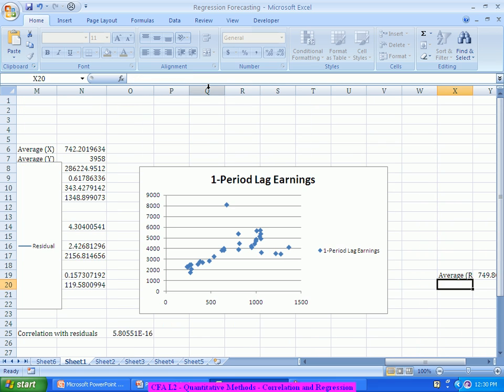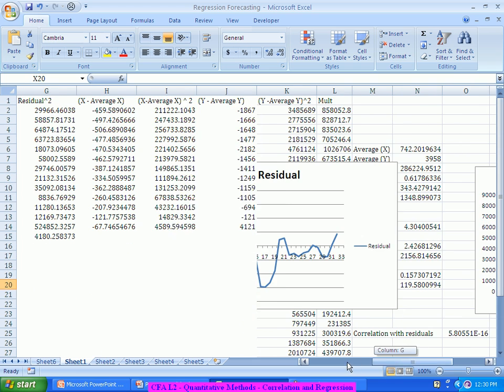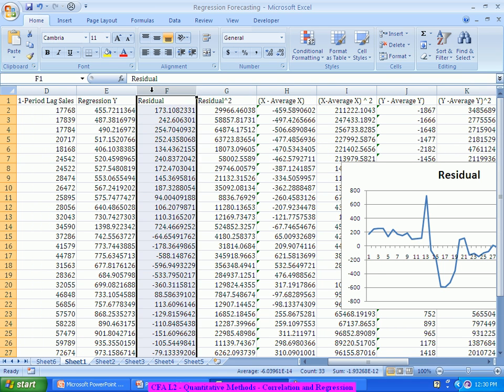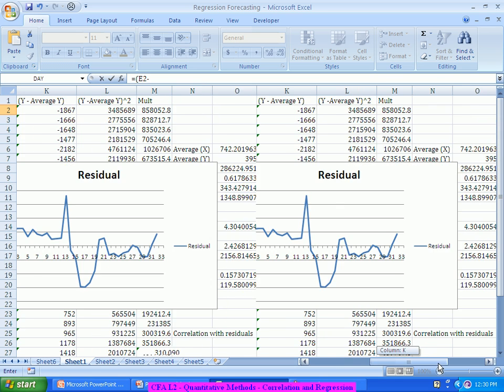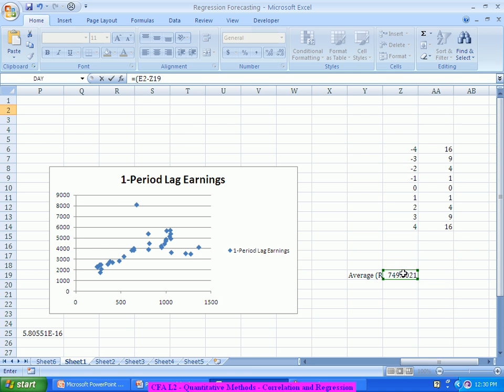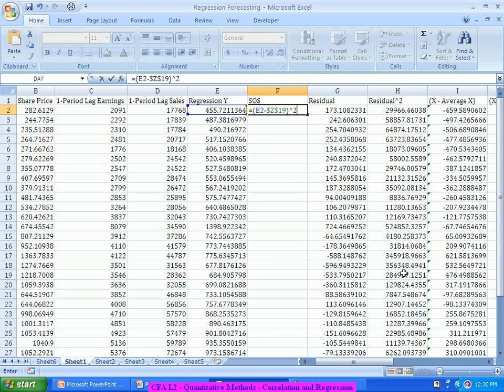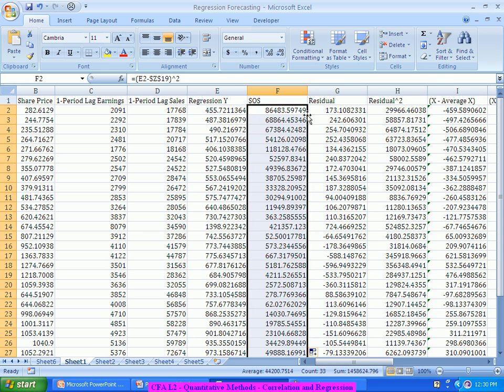This is my average of the regression y. Now if I want the sum of squares, from each regressed y value I subtract this average value and square it. And whatever sum I get of all these will give me the regression sum of squares.